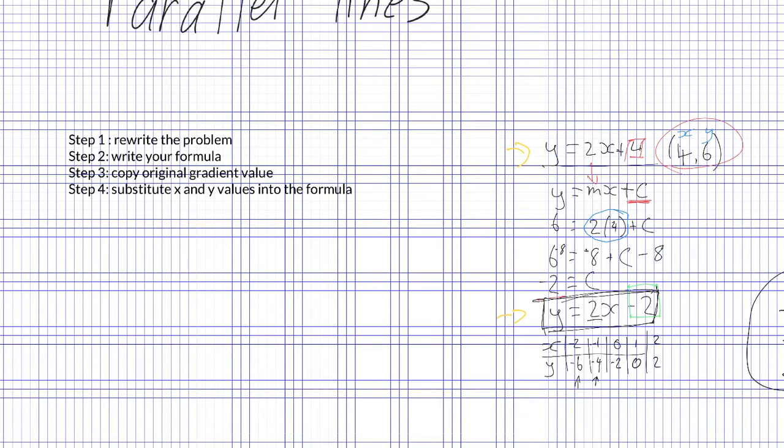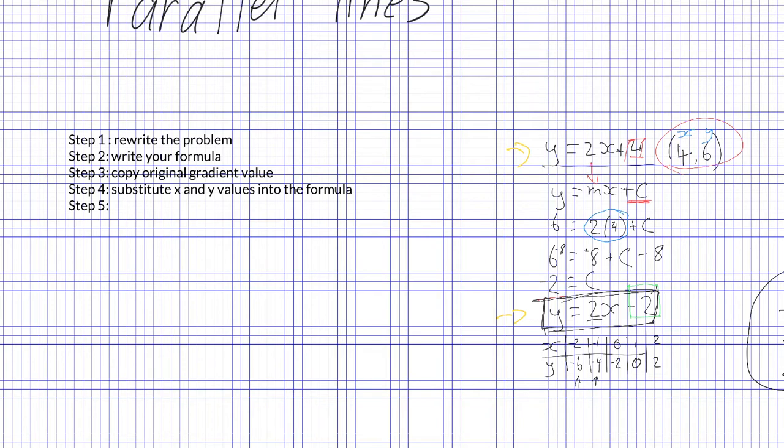And what we're left with, as you can see there, is our 6 equals 2, and then in brackets 4 plus c, because we want to find our new c value. Now, keep in mind, if you want to write 2 times 4, or your gradient times your x value, it still works. It's just that in maths, by default with algebra, we're always doing multiplication unless you're otherwise told.